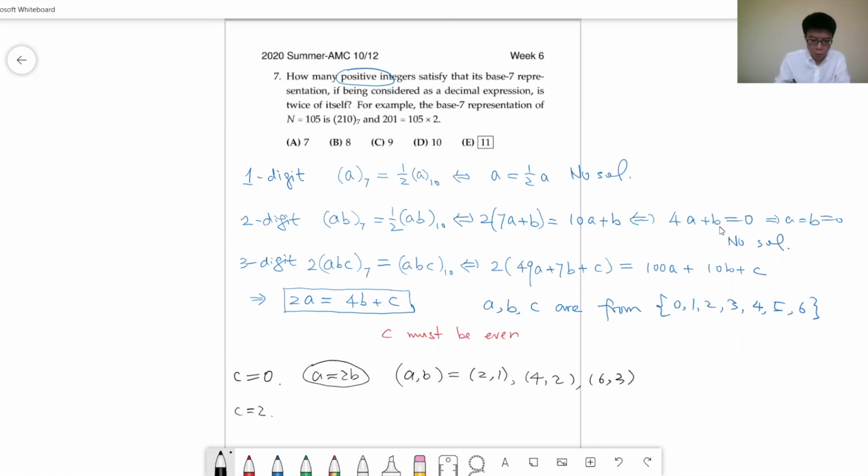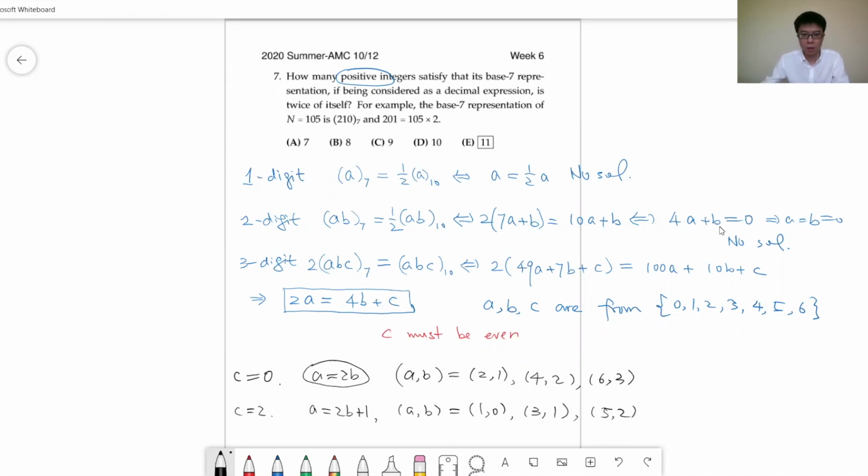Now C equals 2. If C equals 2, we have A equals twice B plus 1. So AB could be 1, 0. B could be 0 now. 3, 1. And 5, 2. That's all. We cannot add another 1, otherwise A becomes 7.